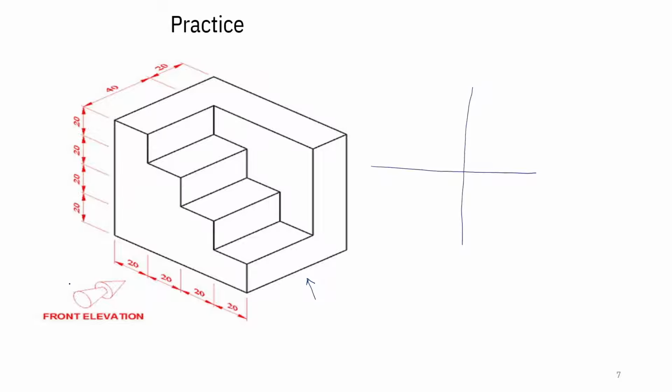This is the arrowhead for the front view or the elevation. So the view the observer will be getting is the right hand side view. And as far as the convention is concerned, the right hand side view should be on the left of the front view. Therefore, the right hand side view is located here. This will be the front view, and below the front view we are going to get the top view.